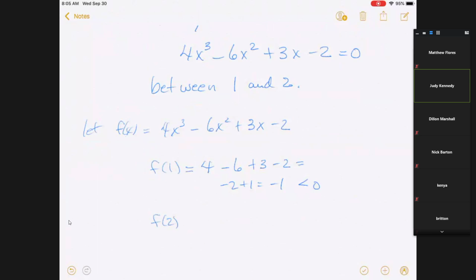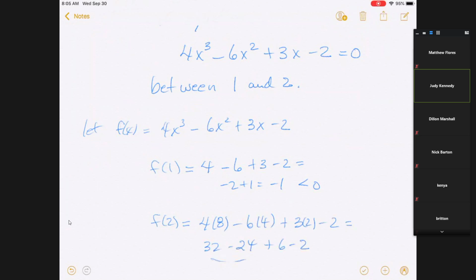If I put 2 in, I get 4 times 8 minus 6 times 4 plus 3 times 2 minus 2, which is 32 minus 24 plus 6 minus 2.